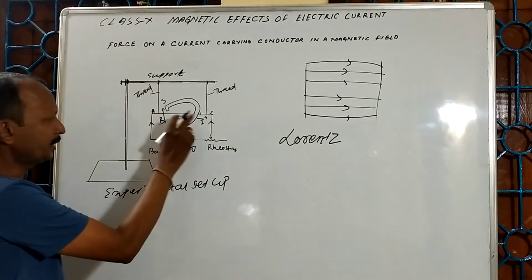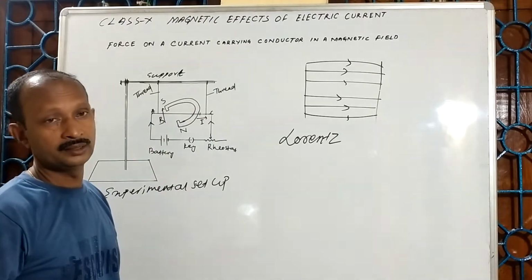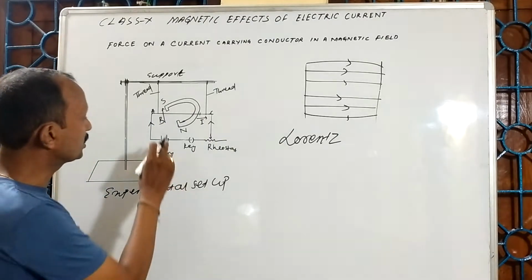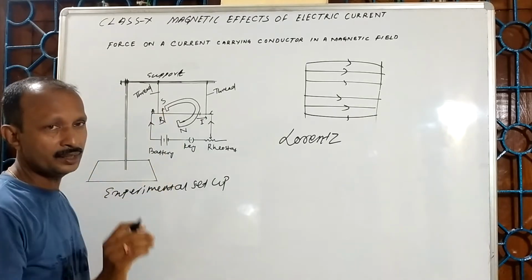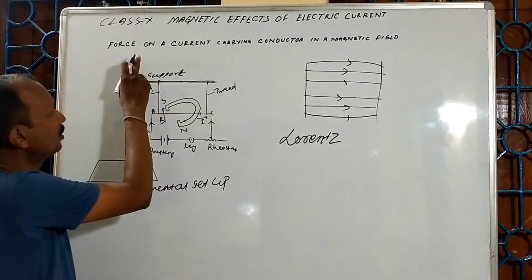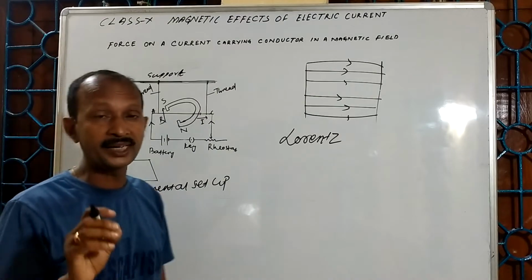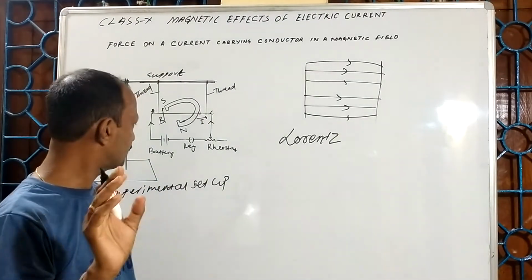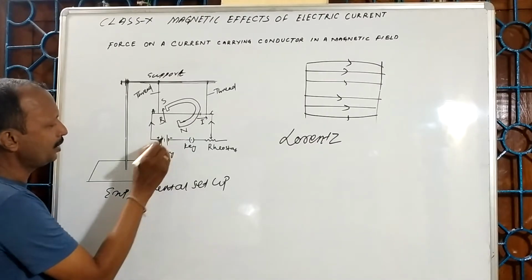So the current carrying conductor AC is placed in between the north and south pole of the horseshoe magnet. That means it is placed in a magnetic field, because our concept is force on a current carrying conductor in a magnetic field. In this case, this is the positive side of the battery, this is the negative side.